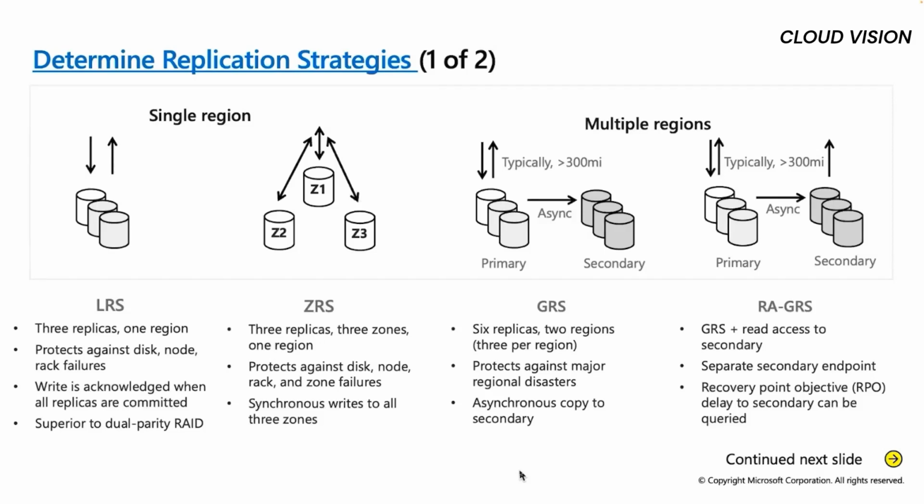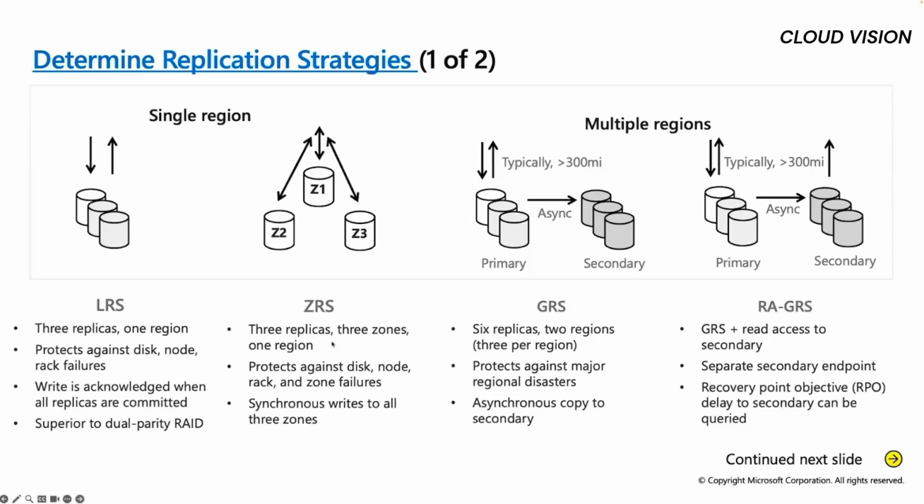But when you go with ZRS, if one of your local zones fails, you're secured by this replication. So you have Z1, Z2, Z3, just a naming convention we use. If Z1 fails, you still have Z2 and Z3 available to serve the purpose. But if the region fails, you haven't got any protection against that.